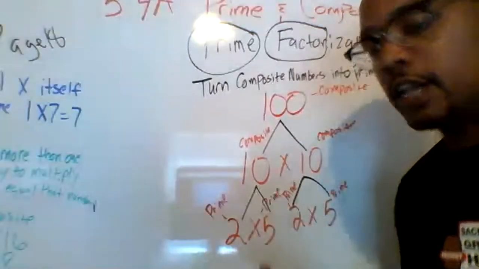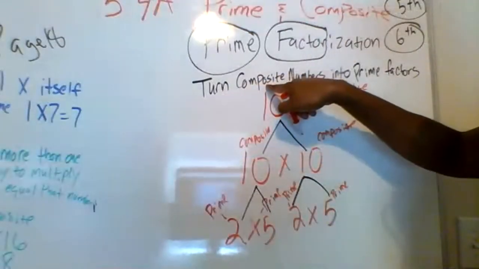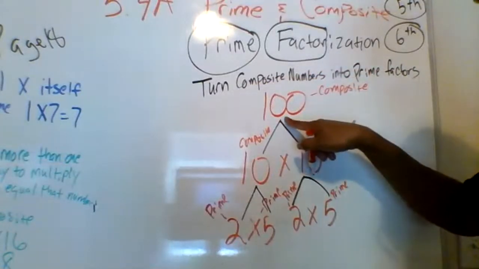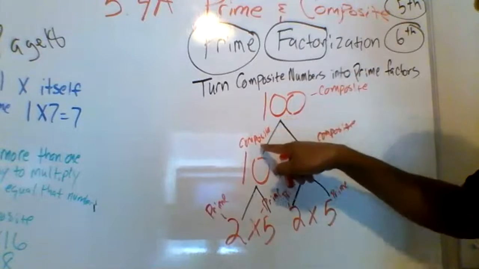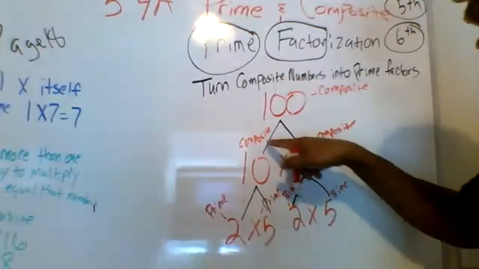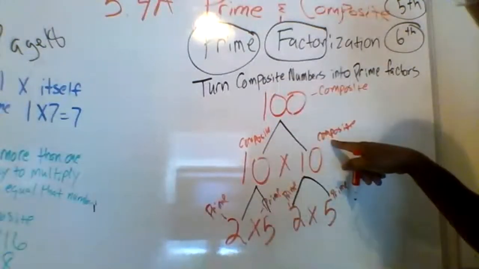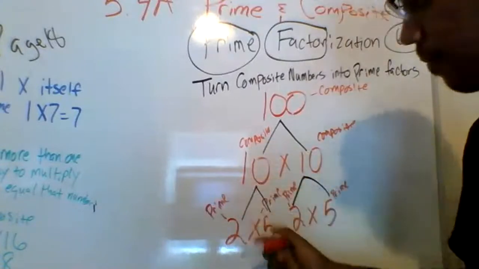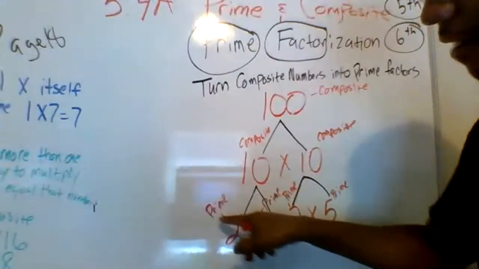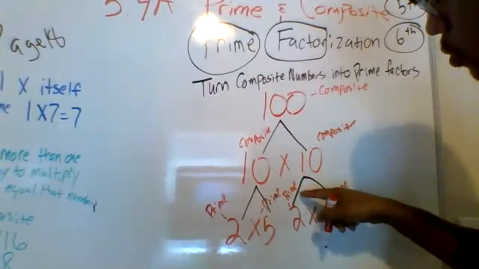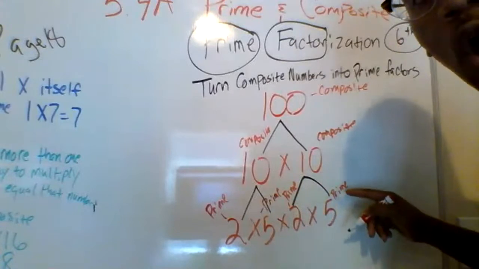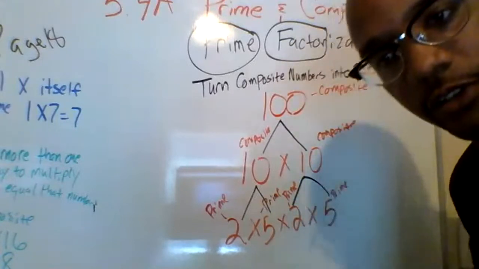Now you are done because you have turned the composite number into prime factors. You started out with 100, but I broke it down into 10 times 10. Well, 10 is still composite and that 10 is still composite. But when you broke the 10 down, you got 2 times 5, prime, prime. 2 times 5, prime, prime. So now you have all prime factors.